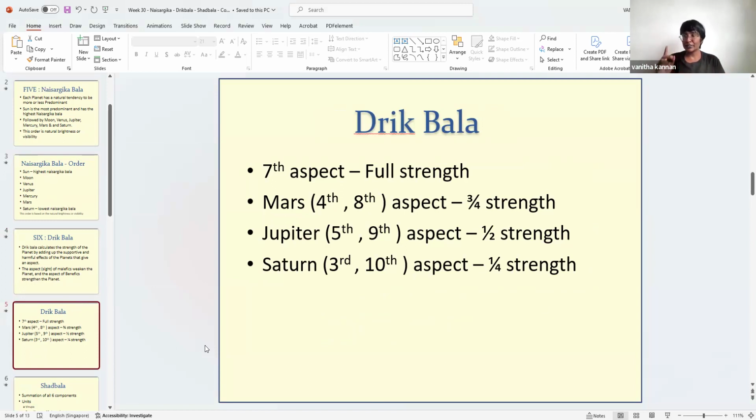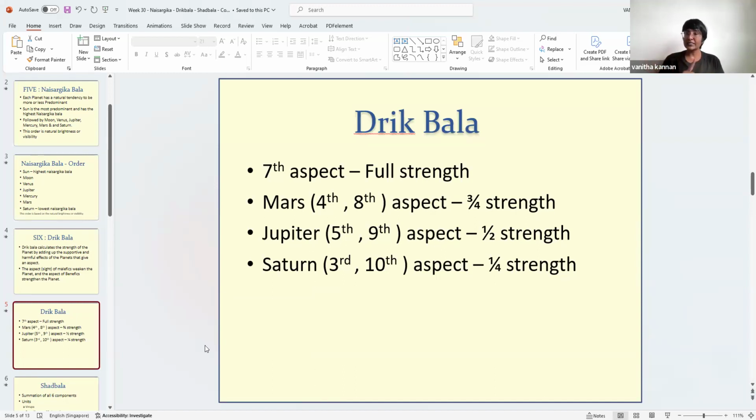The seventh aspect always receives full strength. By default, every graha receives the seventh aspect. It is a direct connection, like the drishti is right in front of you. Whoever is in front of you, you give them the full drishti, right? Similarly, the seventh aspect is full strength for the calculation.